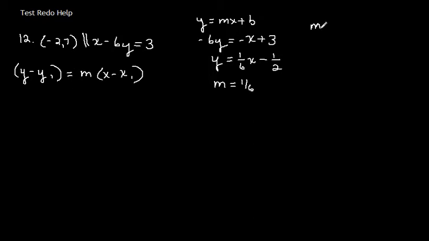If you remember, the slope formula is m equals y2 minus y1 over x2 minus x1, if you're just finding the slope between 2 points. If I multiply both sides by the denominator, it'd be m times this, and that's m times this, equals this.